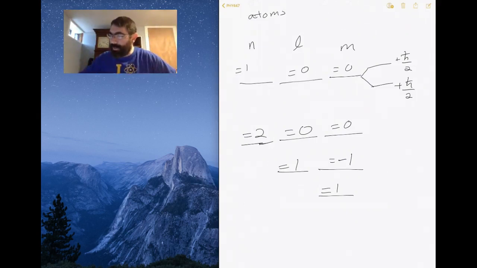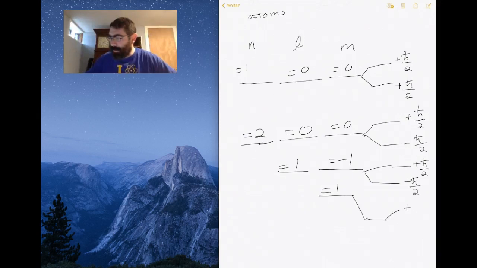And so then we get the degeneracy for spin. We have a plus and a minus. And this one splits off to plus h bar over 2, minus h bar over 2, plus h bar over 2, minus h bar over 2.